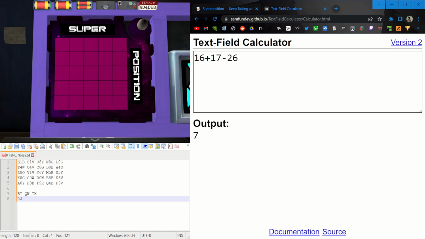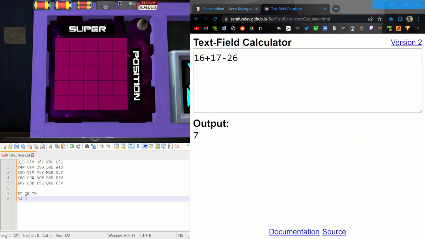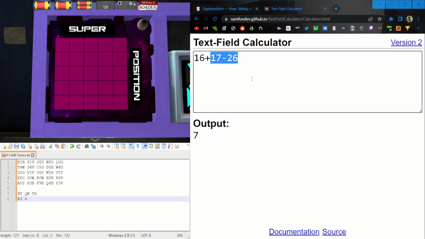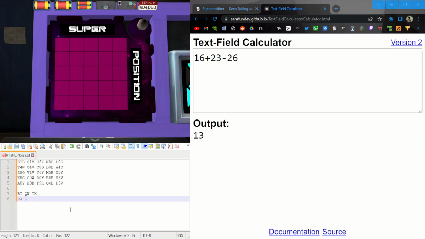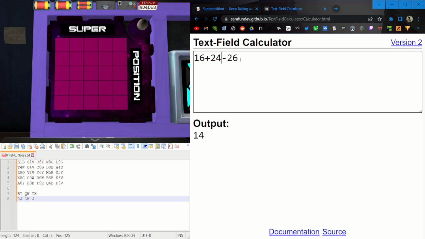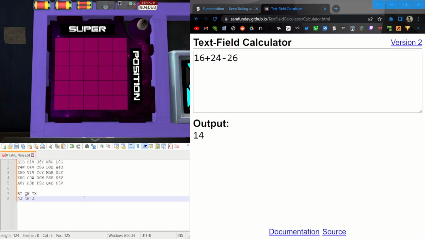Subtract 26 is 7, which is Golf. Whiskey is 23, and that leads us to 13, which is Mike. Tango is 20, it's going to lead us to Juliet, we've already found that earlier. And then X-ray is 24, which leads to 14, which is November. Okay.